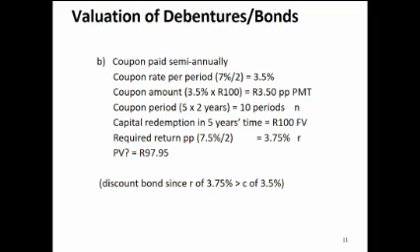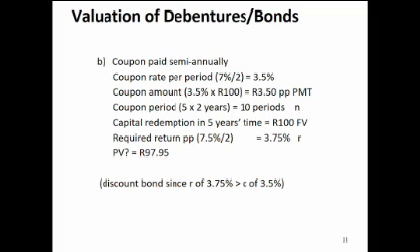Remember, we said this bond is going to be redeemed after 5 years. So we will take 5 years, and each year has 2 periods. So we will take 5 years times 2, giving us 10 periods. Our capital redemption amount is still R100 at the end of 5 years.